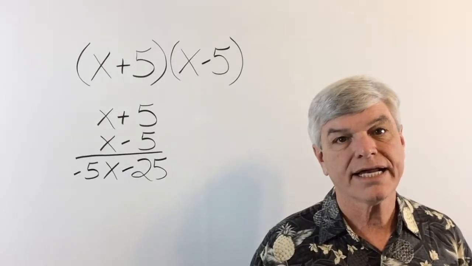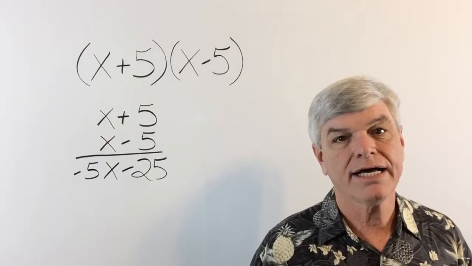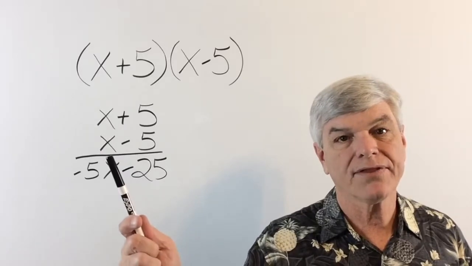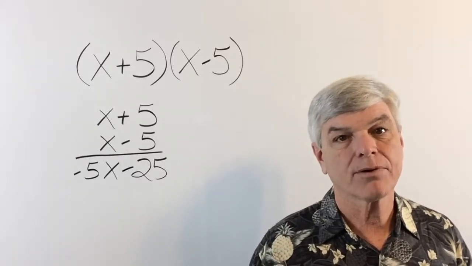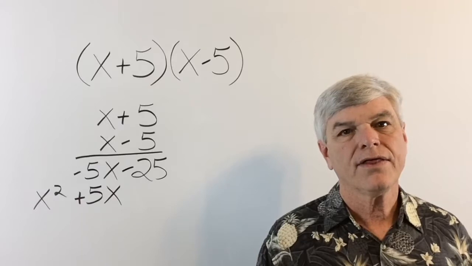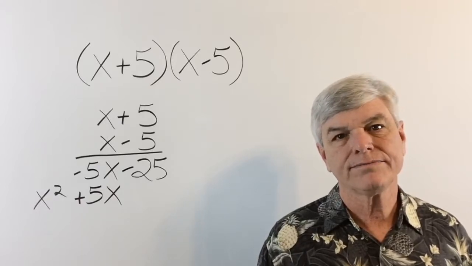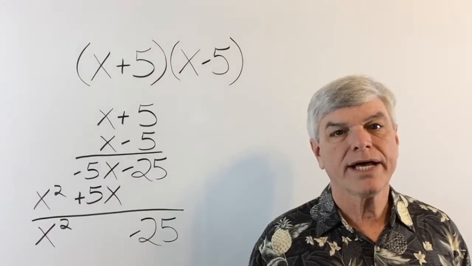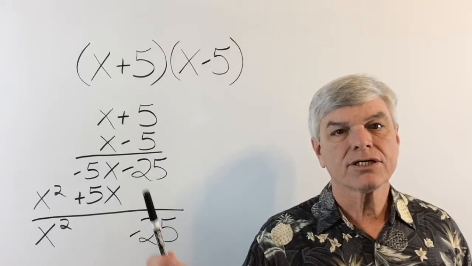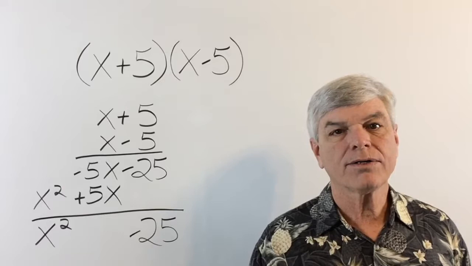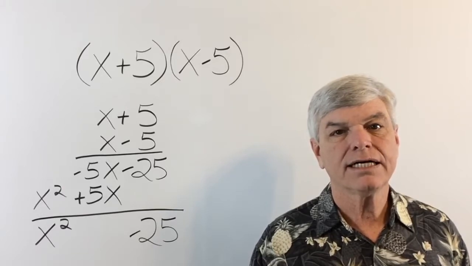And that gives us negative 5x minus 25, and then let's multiply out this x times the upper row. There you go. Let's add those together. And there we go. We have x squared minus 25. And those middle terms canceled each other out. We have negative 5x and positive 5x, and add those together and we get a 0.